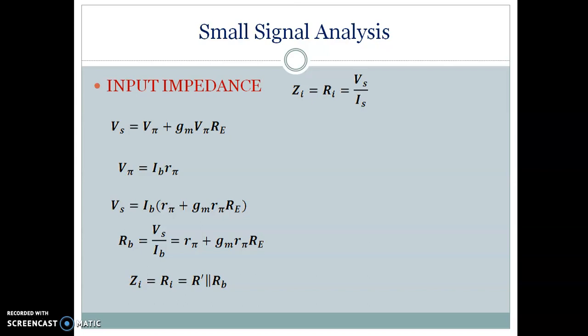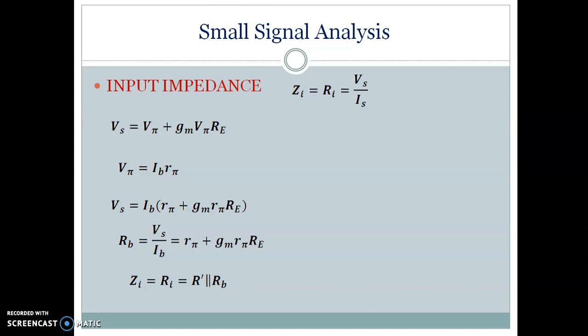Substituting this relation, we get Vs equal to IB times (R pi plus gm R pi Re), and RB is Vs by IB, which is equal to R pi plus gm R pi Re. So RB is the resistance seen from the base at the input of the amplifier.